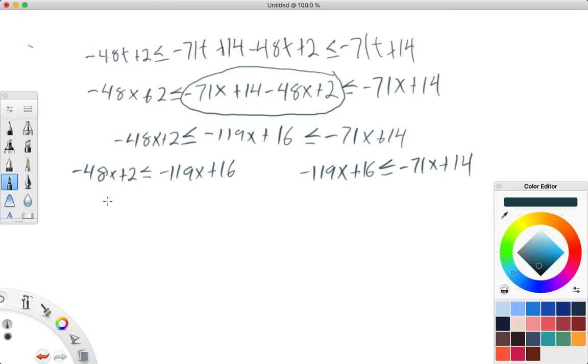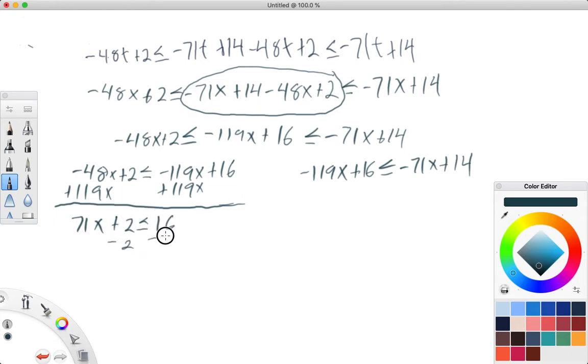I'm going to move my x. I say move, that's not really the right term, but I'm going to add 119x to both sides. And that gives me like 71x, I believe. So positive 71x right here plus 2 is less than or equal to 16.